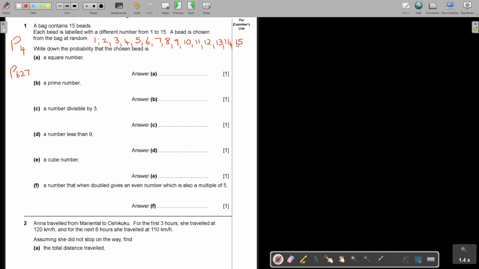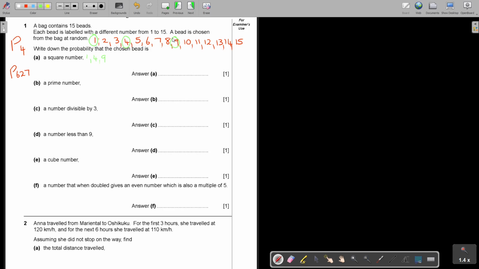Write down the probability that the chosen bead is a square number. What you must think is, what are the square numbers? They are numbers multiplied with themselves. So 1, 2 times 2 is 4, 3 times 3 is 9, 4 times 4 is 16, and that's not there. So it's 1, 4, and 9.